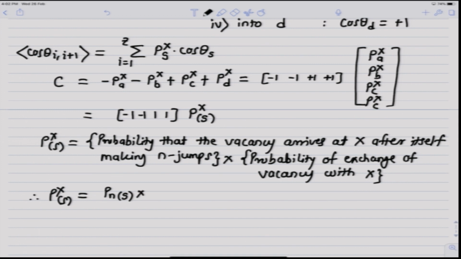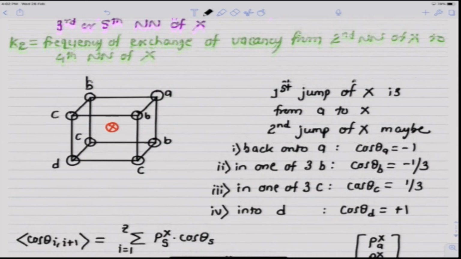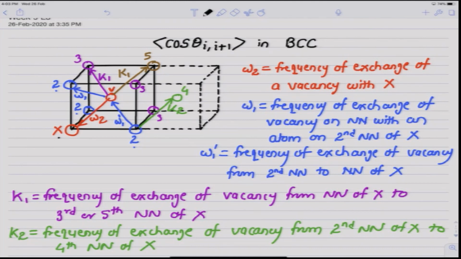and this probability of exchange of vacancy with X, we know if we go back to our frequency model, the frequency of exchange of vacancy with X is omega 2, and a vacancy can make 1 omega 2 type of jump, 3 omega 1 type of jumps and 4 K1 type of jumps.